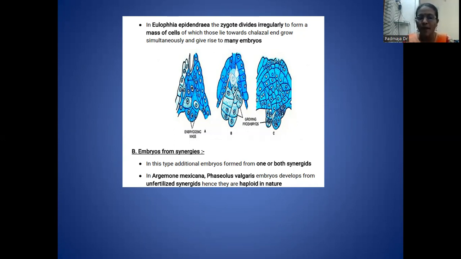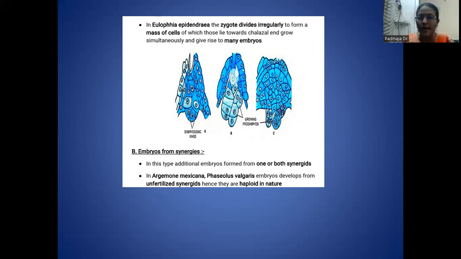Sometimes embryos may develop from the synergids, sometimes from the antipodals, the integuments, or the nucellus. Depending upon the cells from which embryos develop, they are of different types. If the zygote itself divides to give rise to embryos, that is called cleavage polyembryony.